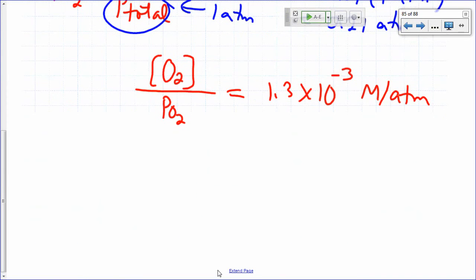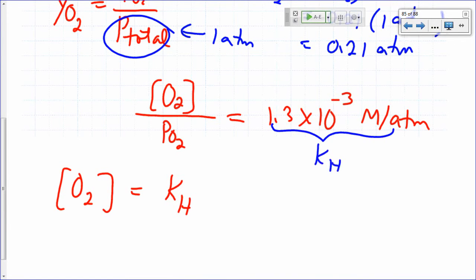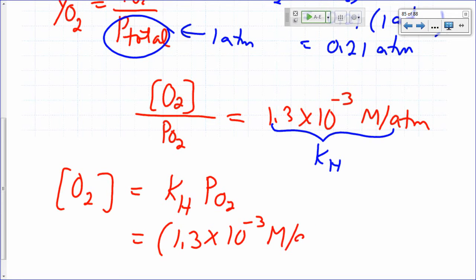So can I solve for concentration of O2 now? Concentration of O2 is equal to K sub H, right, times the partial pressure of O2. So that's 1.3 times 10 to the negative third moles per liter per atmosphere times the partial pressure of O2, which is 0.21 atmosphere. Okay?